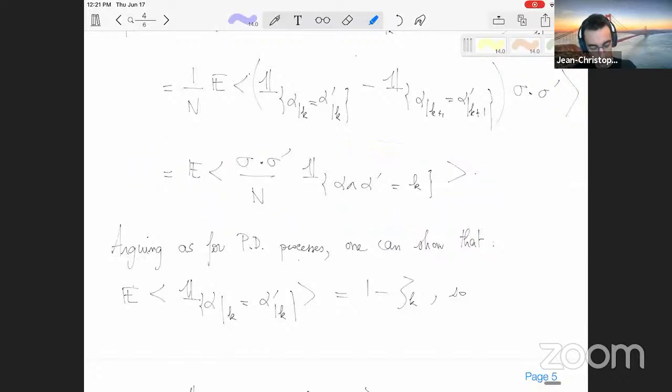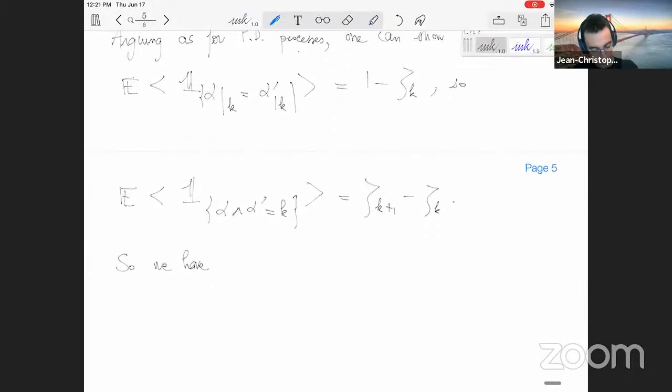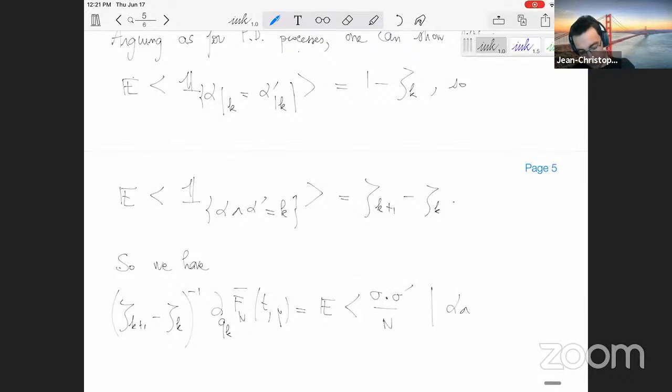I'm going to say zeta k plus 1 minus zeta k, inverse, times partial k of F n bar of t mu is equal to the expectation of sigma dot sigma prime over n, conditionally on alpha wedge alpha prime equals k. The conditional law is with respect to the joint measure.